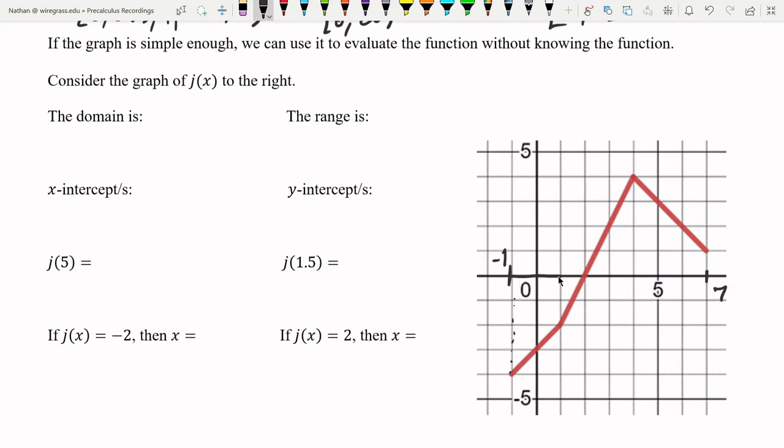And all the things in between are evaluated there. So all these have x values between -1 and 7. So the domain is -1 to 7. Now, the range, I'll let you look at this and figure out the range. This is what I get for the range, and see if you get the same thing.